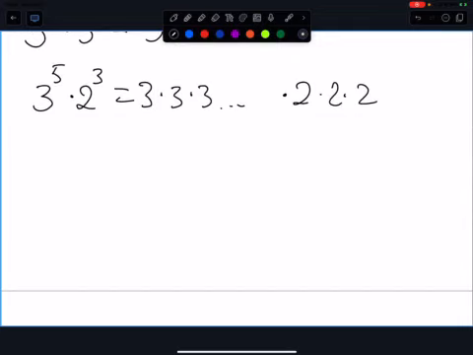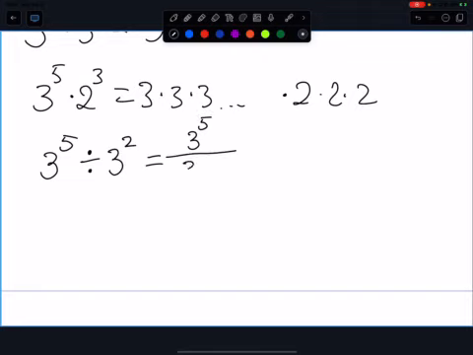Division. You can write division in a number of ways. You can write it with a division sign. You can write it as a fraction as well. It means the same thing. 3 to the power of 5 dividing by 3 to the power of 2.